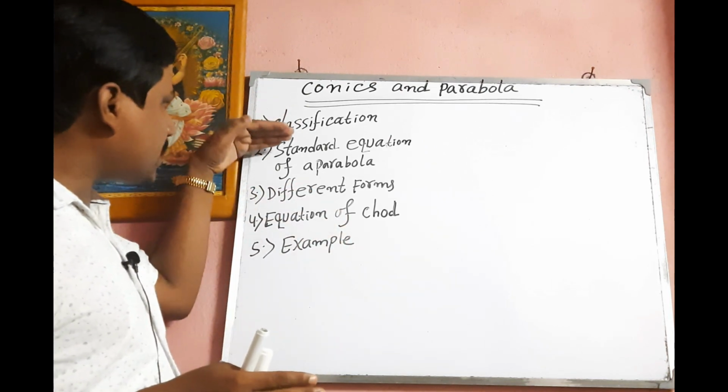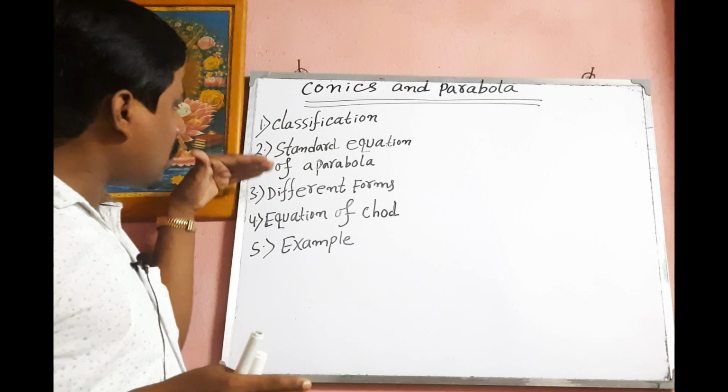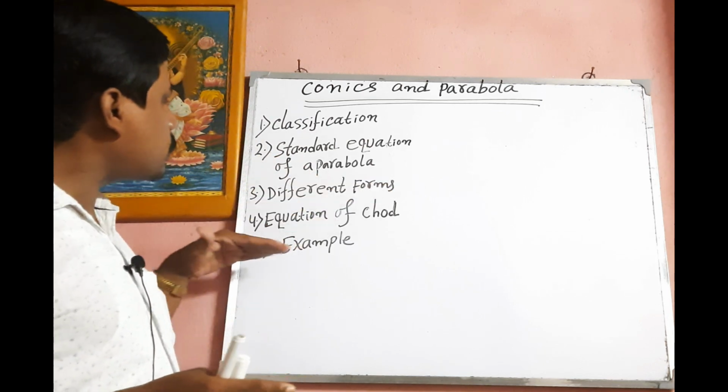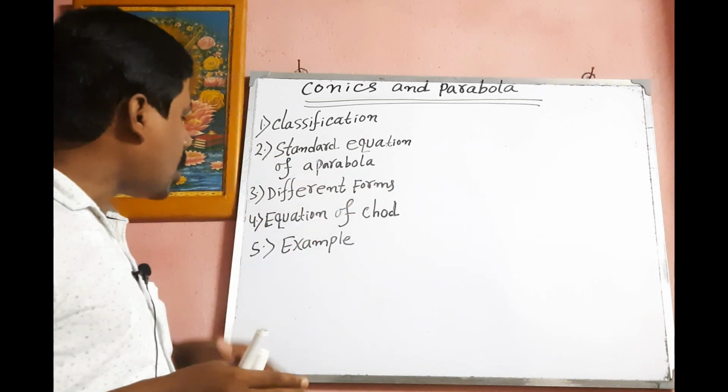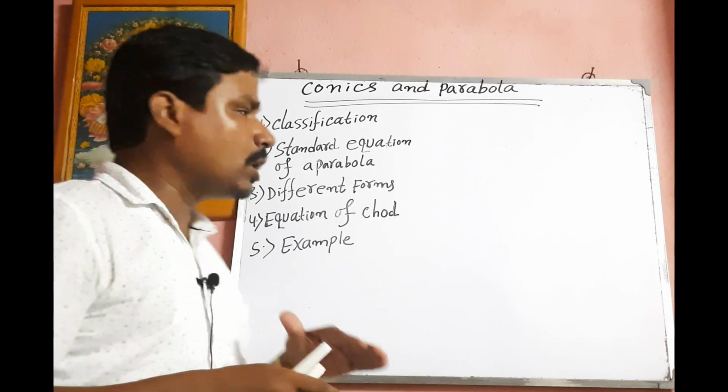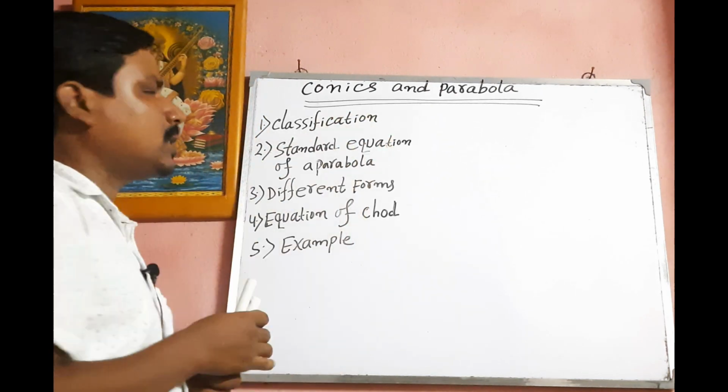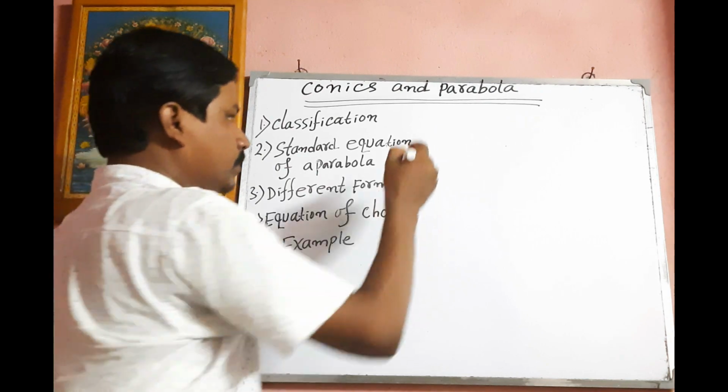This is the classification, the standard equation of parabola, different forms of parabola, equation of the chord, and the example, one by one. So we move to the first, the classification.